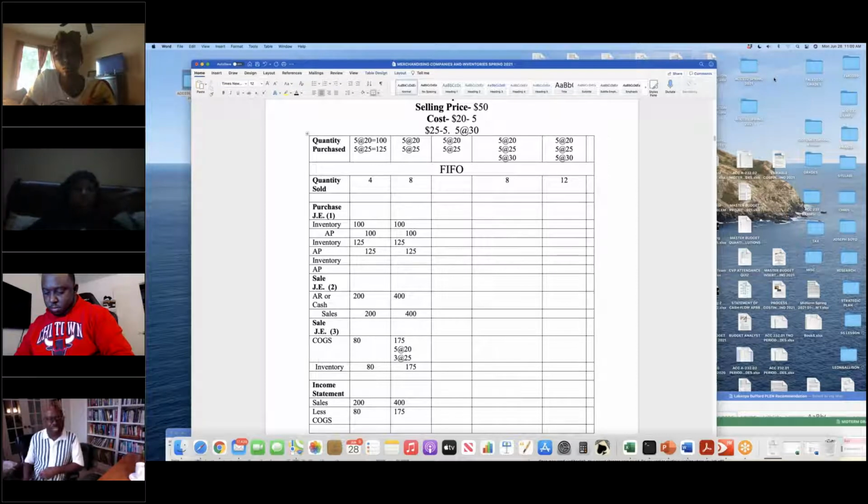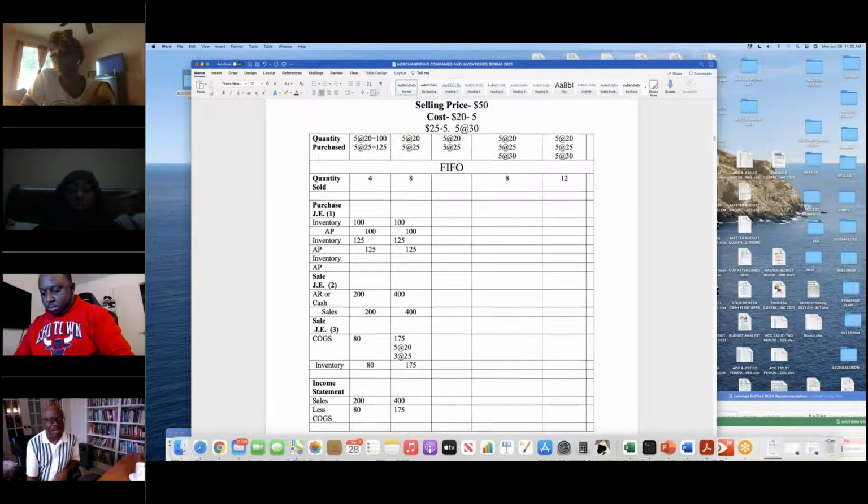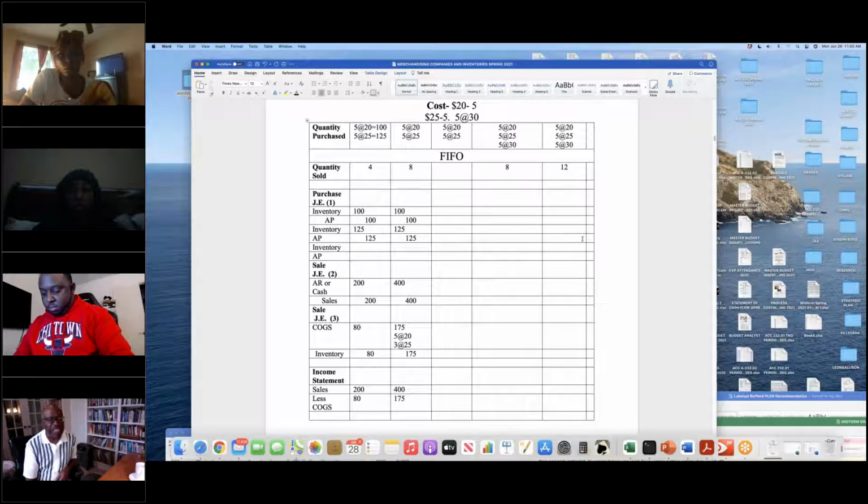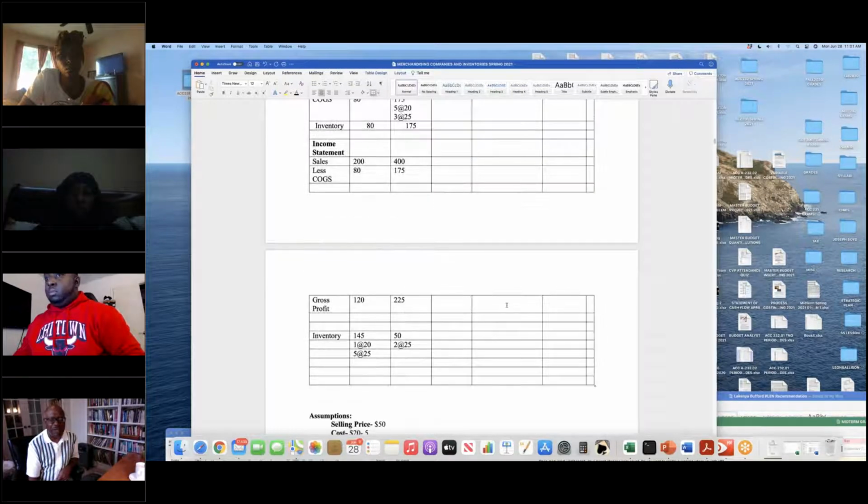Do we have those inventories sold? Yes, sir. Profit made? Yes. So what's it look like on our purchases? You got 3 different purchases, correct? Well, let me give them the bottom line. What's the gross profit? 225. Okay.